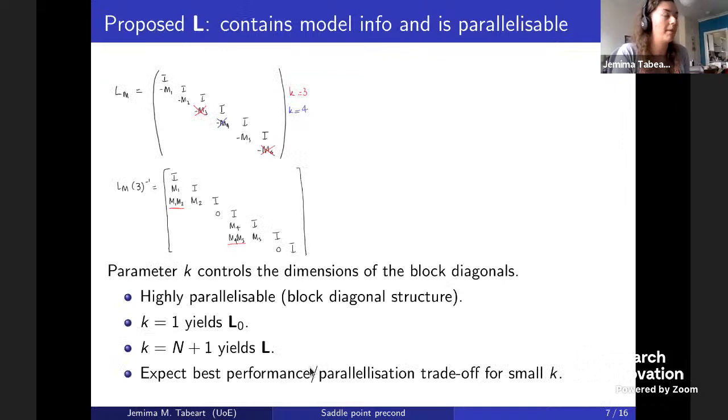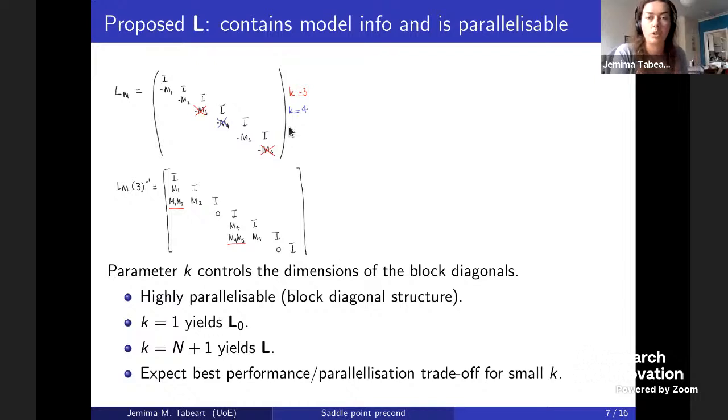So in my inverse, I'm going to end up with a block diagonal matrix, and the size of the blocks and the number of serial matrix products that have to be evaluated is controlled by this parameter K. So this is really parallelizable. I know in advance, by choosing my value of K, how many blocks there are going to be. There are also some nice links with the preconditioners I introduced before.